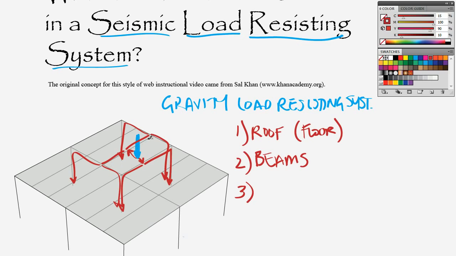On this path we have what I'm calling girders, or maybe just another level of beams, you can think of it as that. And then finally we've got our columns. So these are the basic elements of the gravity load resisting system: roof, beams, girders, and columns.